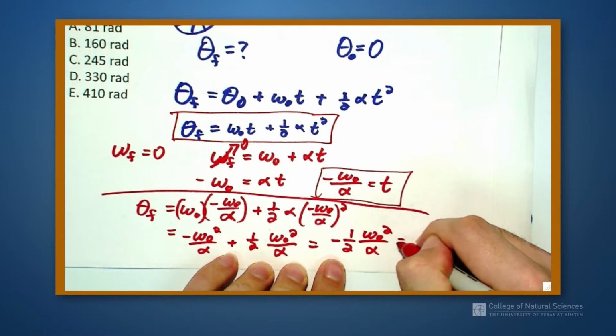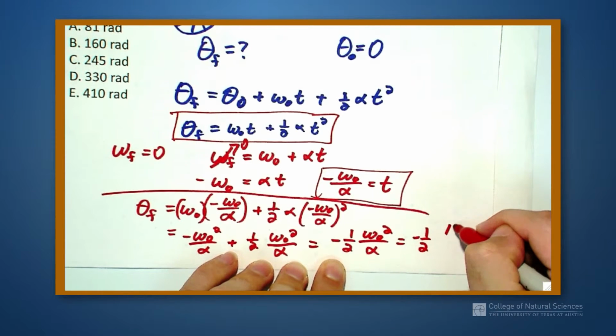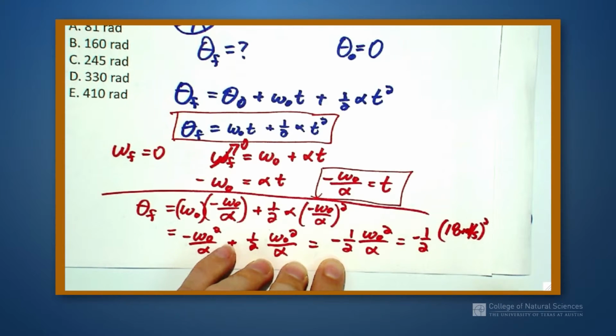So I plug in my values for this. I have minus 1/2 times my omega naught, 18 radians per second, quantity squared. And I put this over minus 2 radians per second squared.